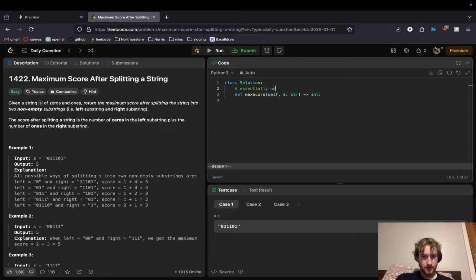Okay, so this is essentially max of length left minus sum left, and max of just sum right, because we want to max these two, essentially.